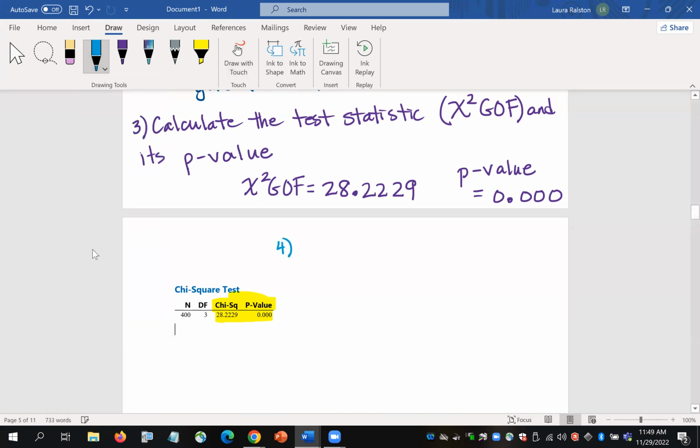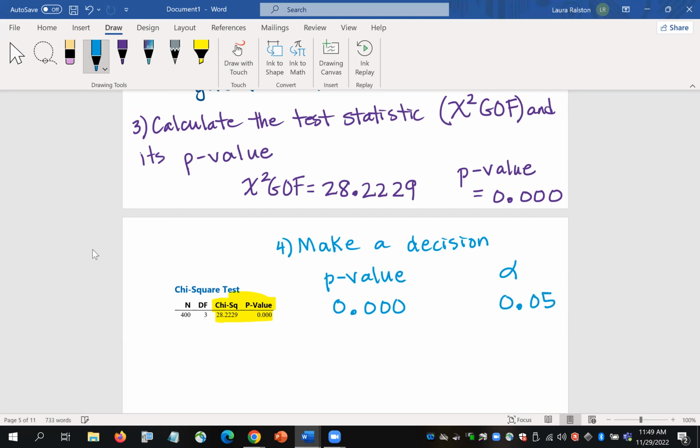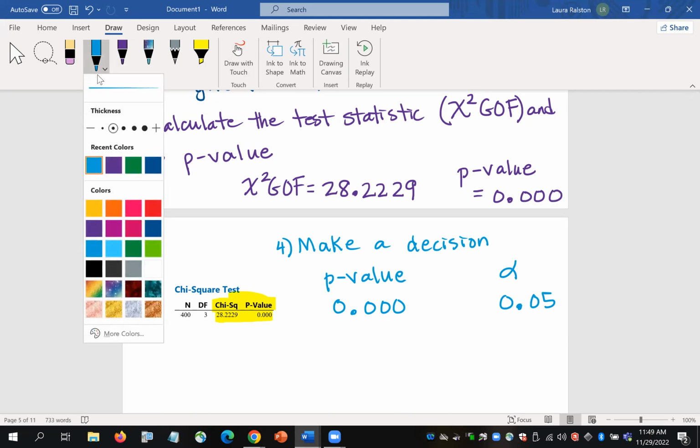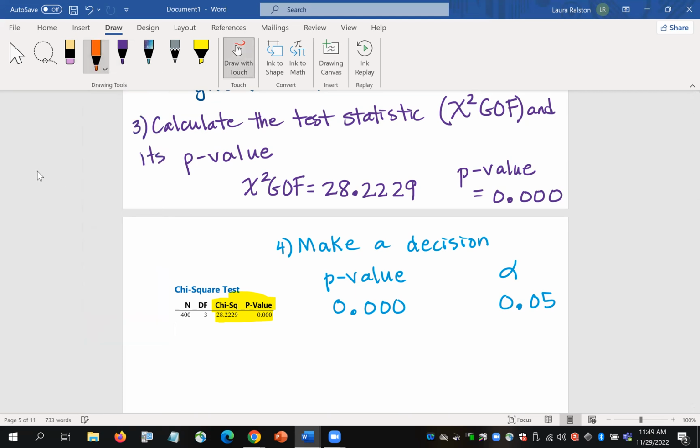Step 4 is we make a decision. We make the decision by comparing the p-value to the level of significance. So I have 0.000 compared to 0.05. Again, we compare digit for digit.